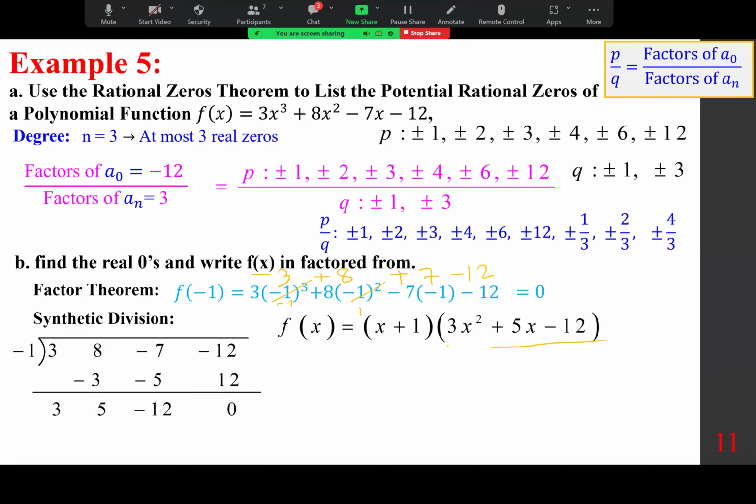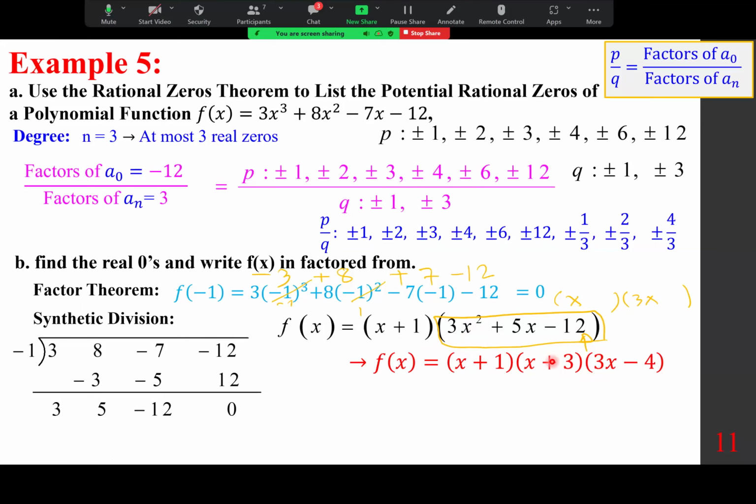So this part has x and 3x, and now you try the number minus 12, which is the product of 1 and 12, one of them negative, 2 and 6, one of them negative, 3 and 4, one of them negative. And it works out that this becomes x plus 3 times 3x minus 4.